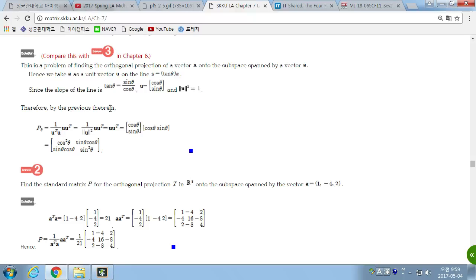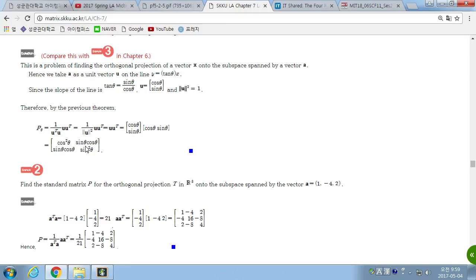And by the previously observed theorem, P theta can be written as u times u transpose times the scalar 1 over u transpose u, which is 1. So this is just u times u transpose. And u is cosine theta, sine theta, and u transpose is cosine theta, sine theta, which gives you this.